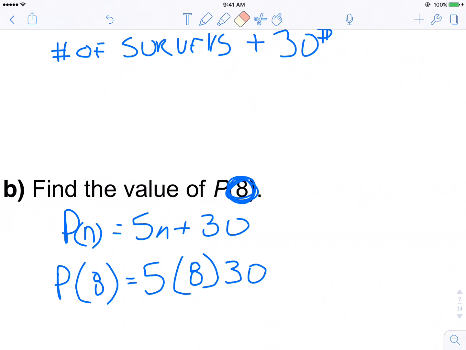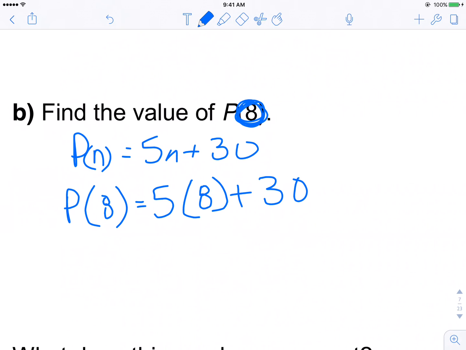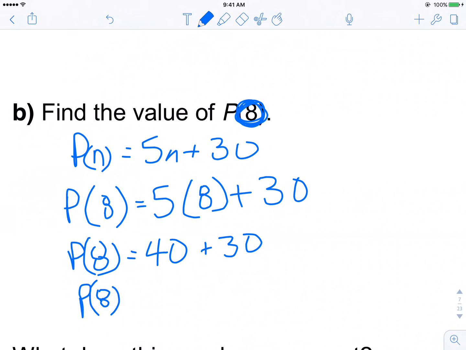Plus 30. Now I can just simply work this out. P of 8 stays the same. 5 times 8 is 40, plus 30. P of 8 is equal to 70.